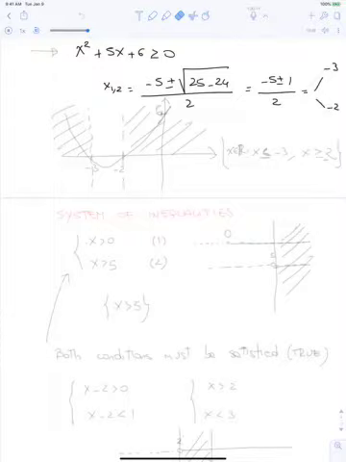So again, this one here is a parabola that intersects in minus 3 and in minus 2. Oops, sorry. Well, as you can clearly tell, art is not my favorite subject.